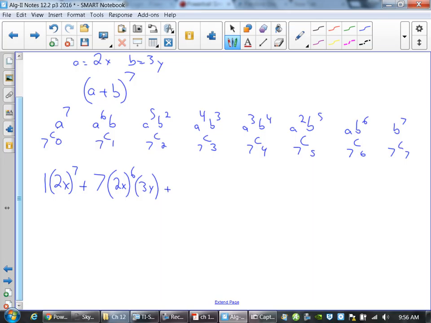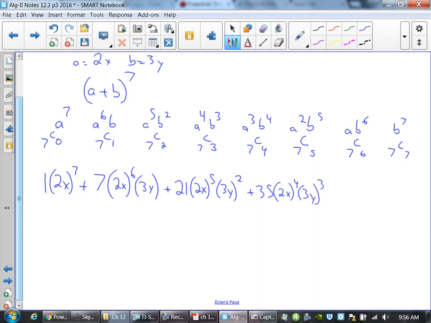So it'll be 21, 2x to the 5th, 3y squared. What's the next one? 35, 2x to the 4th, 3y cubed.